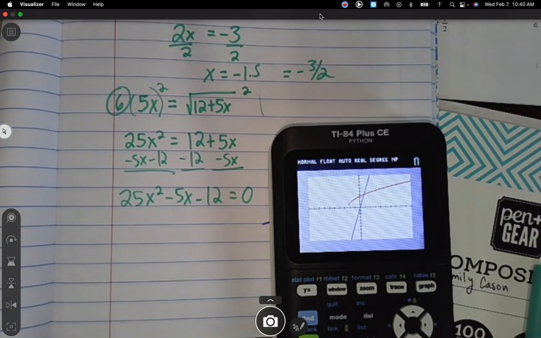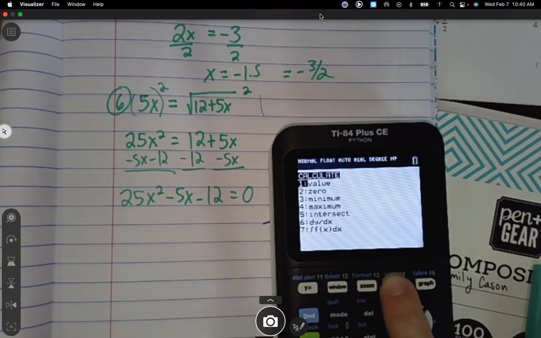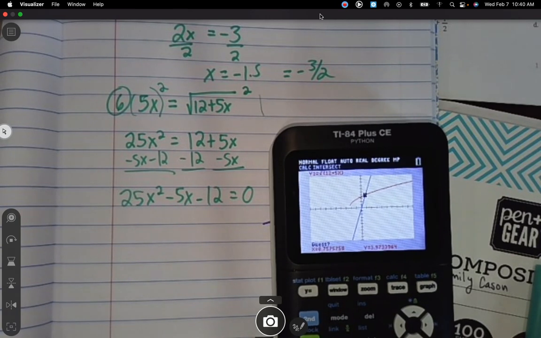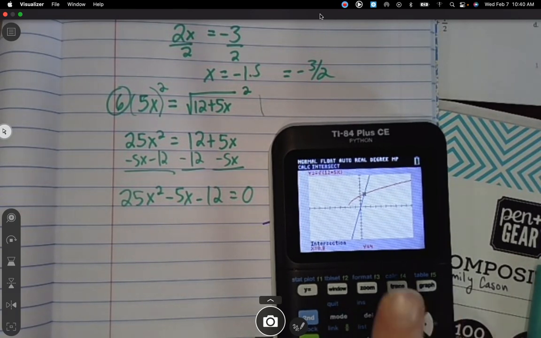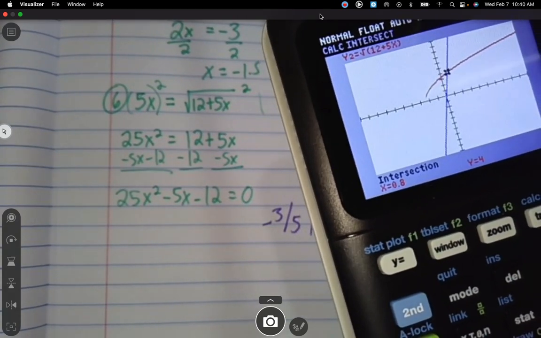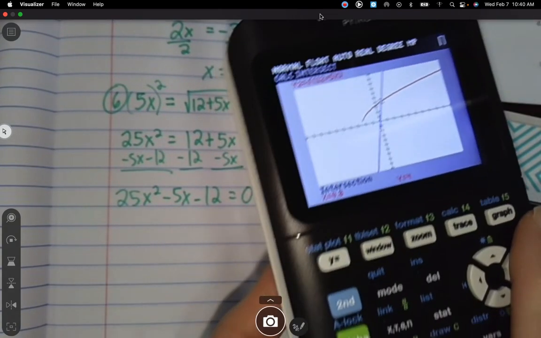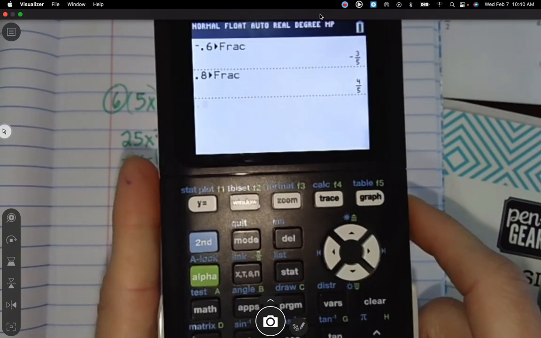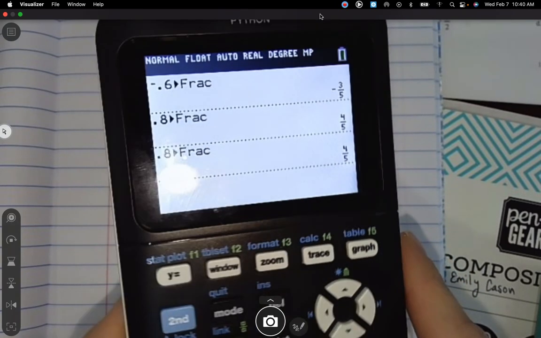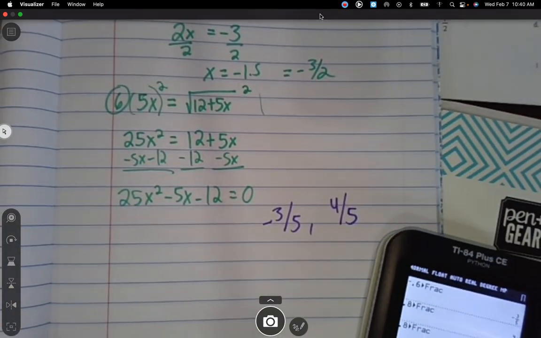You would press second trace, number 5, enter. So it's point, and it's 0.8. So you would have to figure out what is 0.8. Well, you can type it in your calculator. 0.8 math enter. And it's 4/5. So that's why that one is the only answer.